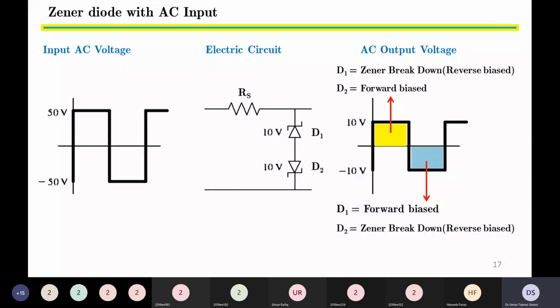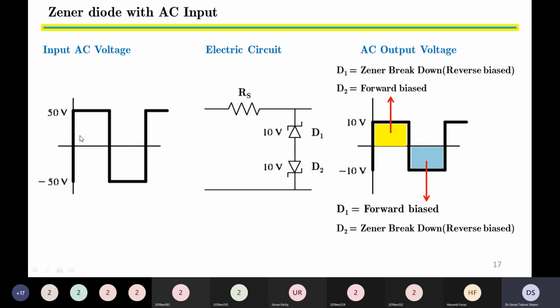Now, if we look at the Zener diodes, they are connected in series, but they are connected in opposite polarity to each other. That is, the anode terminal of D1 and anode terminal of D2 is connected to each other. It is common. And one cathode terminal is connected to the ground.